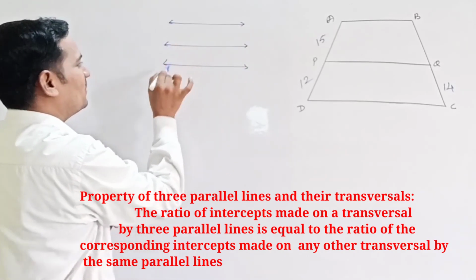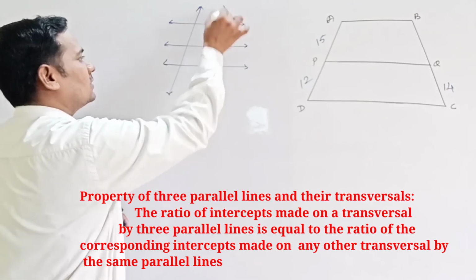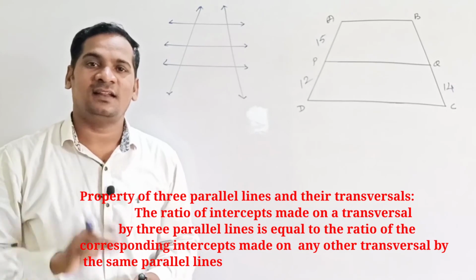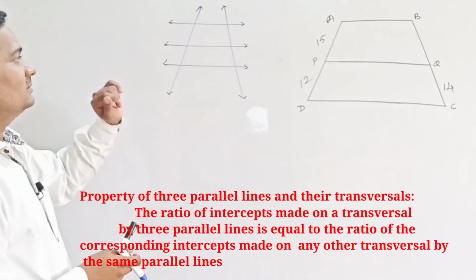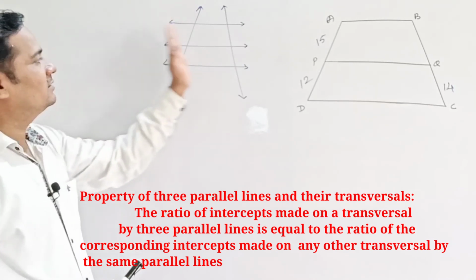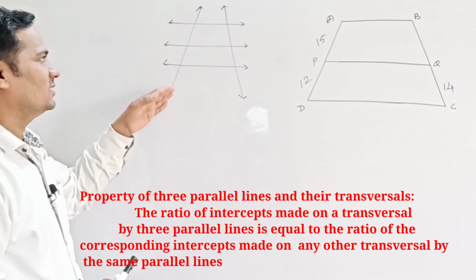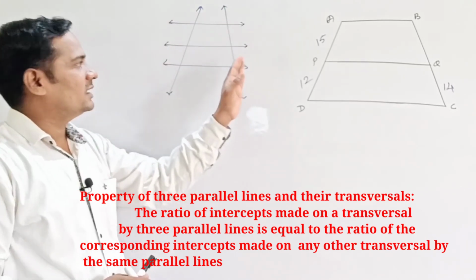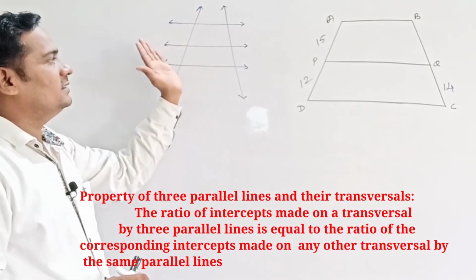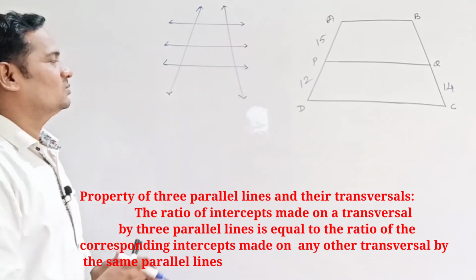Suppose these three lines are parallel to each other and these two transversals are there. What is the property of three parallel lines and their transversal? Look here. The ratio of intercepts made by three parallel lines on a transversal, that means on the first transversal, is equal to the ratio of corresponding intercepts made by the same parallel lines on a second transversal.